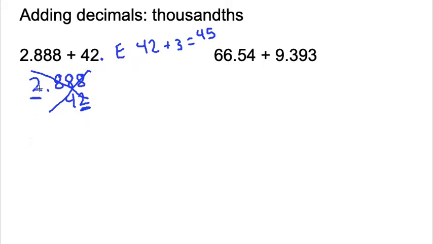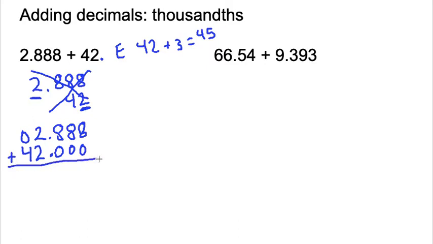So we set up 2 and 880 thousandths, then put 42, making sure our 2's and decimals line up. If you want, we can put the zeros in here. Some students will put a 0 in here too to keep track of place values. That's totally acceptable because it doesn't change the value of the problem. Then we can add these down.